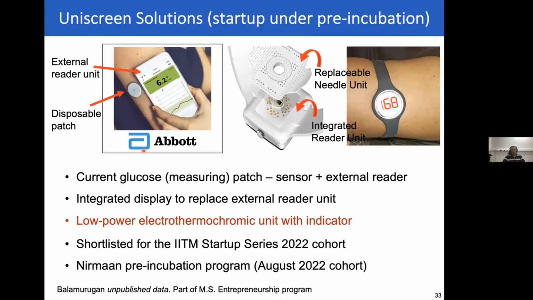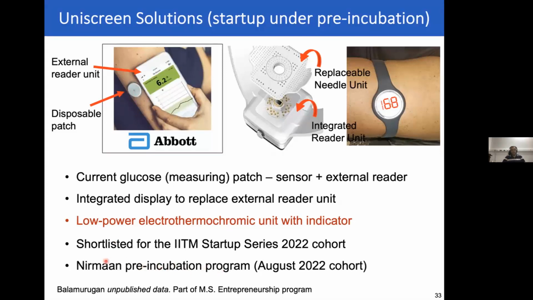Currently the way these patches work is that they need an external reader so that whatever data is collected is transmitted through this external reader through an NFC. So unless you have an external reader, you can't really get the data off of it. His idea is to integrate this electrothermochromic display so that we no longer need this reader and the data is directly displayed on the patch.